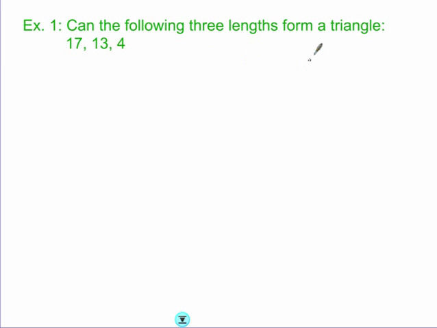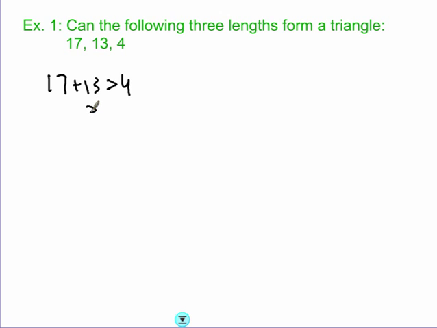Example 1 says, can the following three lengths form a triangle? So if I have side lengths of 17, 13, and 4, can I make a triangle? Well, we know that if I take any two of these, they have to be greater than the third. So if I take 17 plus 13, I need that to be greater than 4.